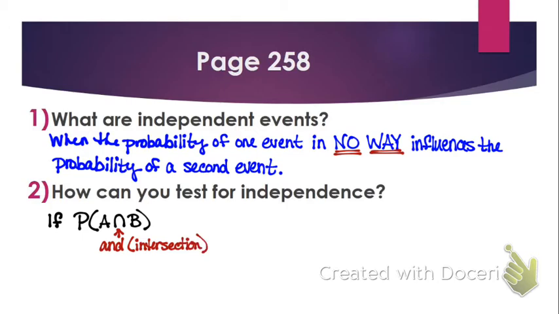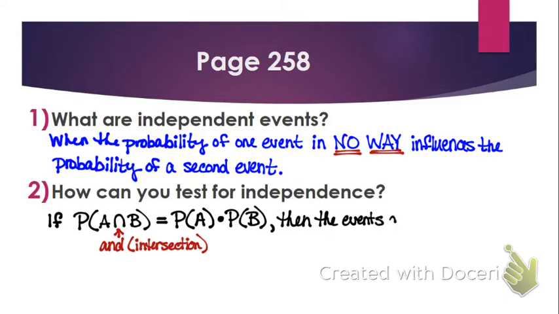So if the probability of both events happening is exactly the same as the probability of event A multiplied by the probability of event B, then the events are independent. So if they're equal, they're independent. If they're not equal, they are not independent.